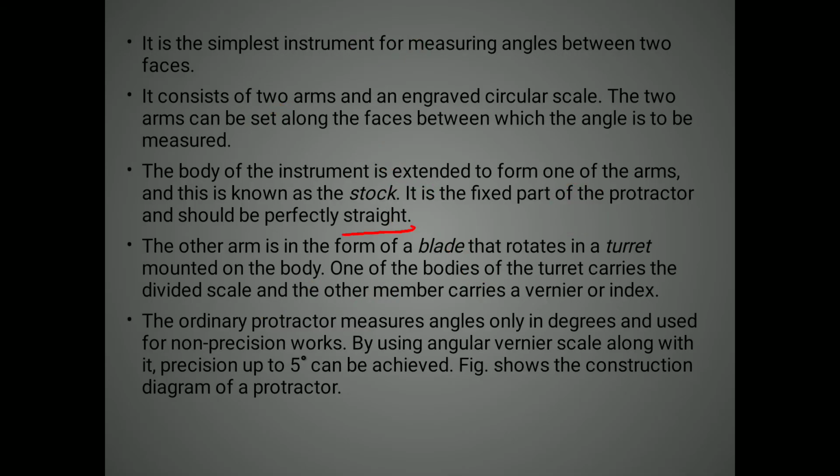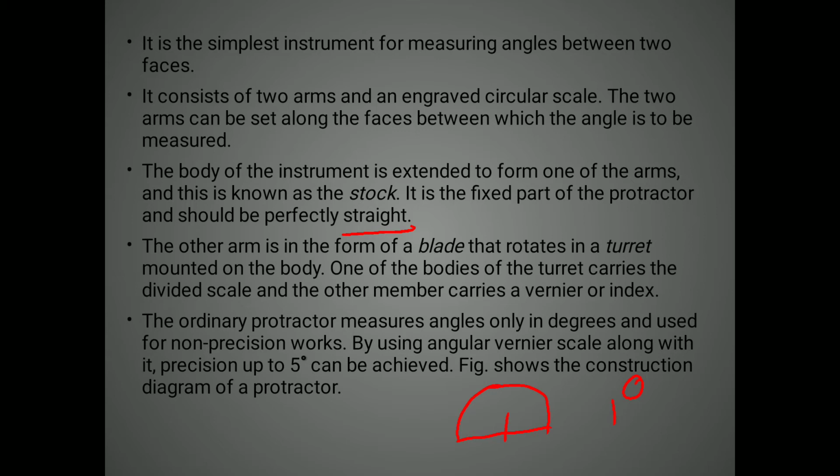The ordinary protractor measures angle only in degrees and is used for non-precision work. As I have told, the ordinary protractor only gives you a 1 degree reading, which means the least count of that instrument is 1 degree.